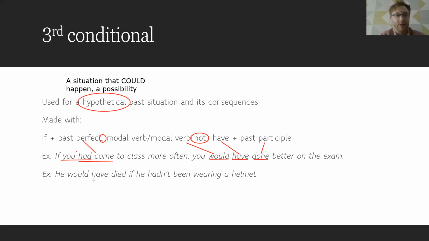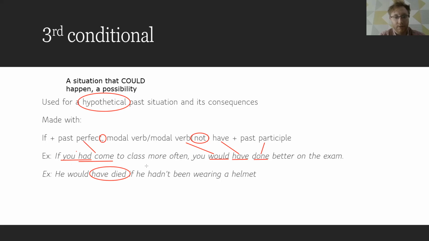So let's look at this next one. This one is a negative form. So we have he would have died, plus the past participle right here. He would have died if he hadn't been wearing a helmet.